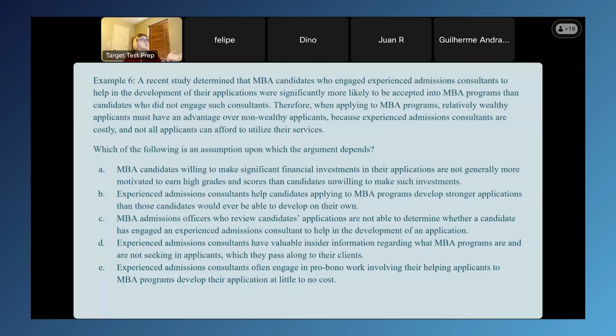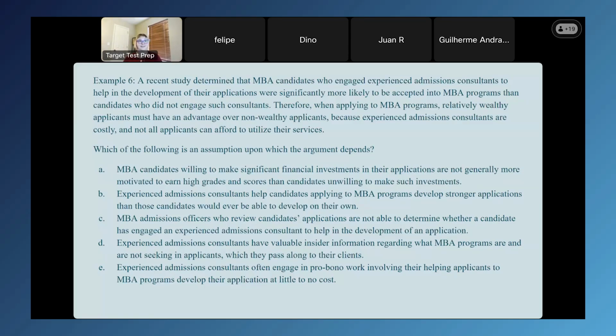So if we negate this, and they are also generally more motivated to get a good GMAT score or get high grades, then it might not be the wealth that's conferring the advantage. It might just be that those people happen to be both hiring admissions consultants and turning in 3-pronged strong applications.